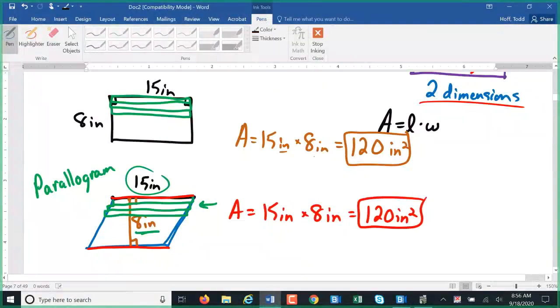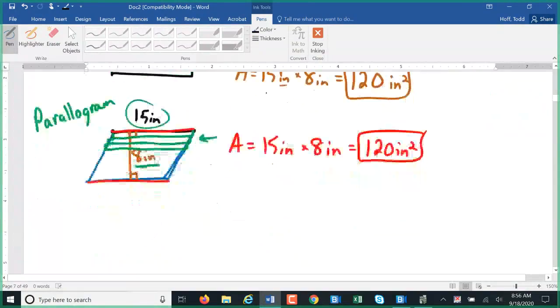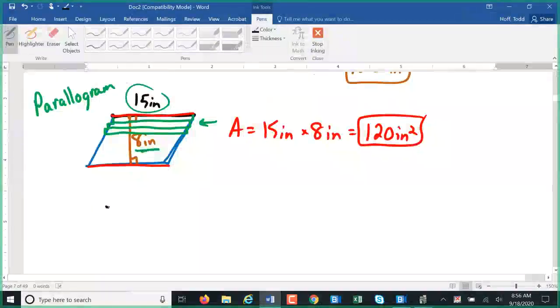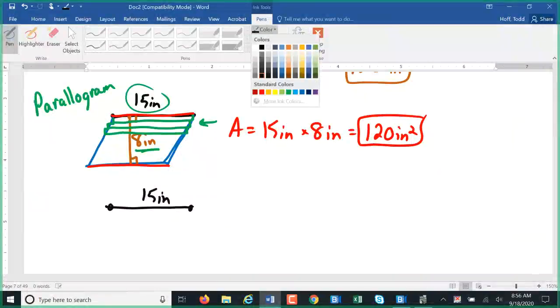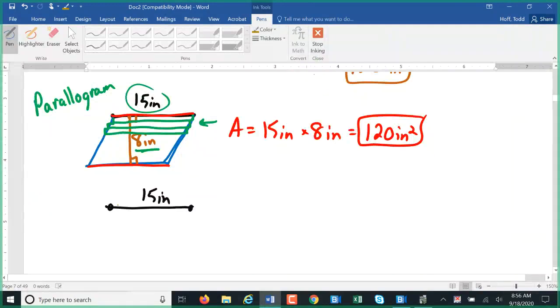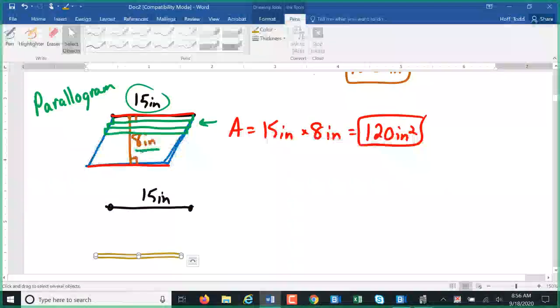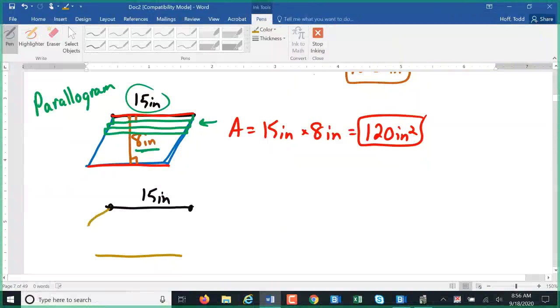In fact, it doesn't even have to move in a straight line. If I take my 15-inch original segment here, let's say I move it in some crazy pattern like this. Trace out the edges, of course.